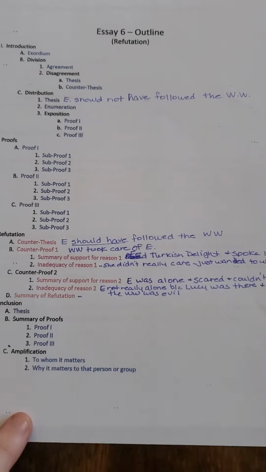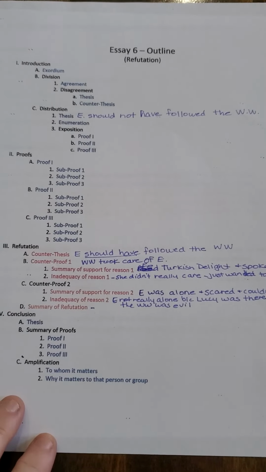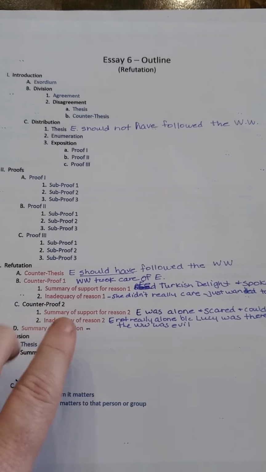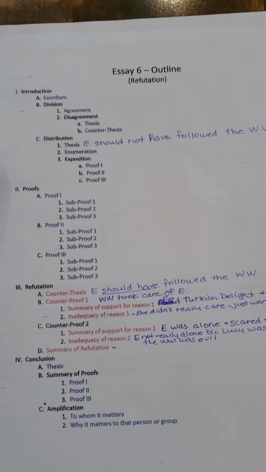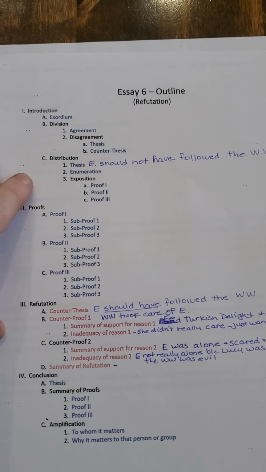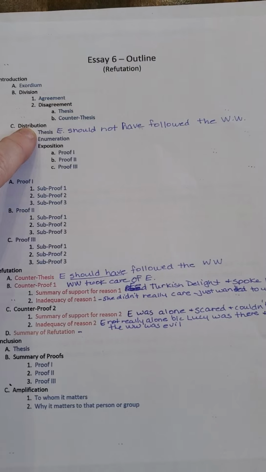So I have taken the model example that they have in the back of the book, and I have put it into the outline just in the refutation part, just so that you could see how this works. The model in the back of the book began with the thesis that Edmund should not have followed the White Witch.